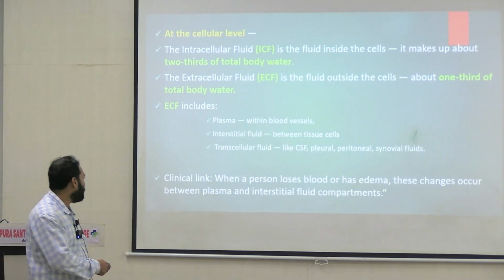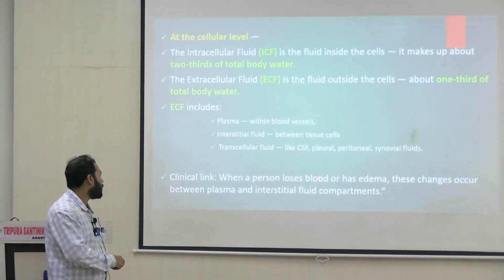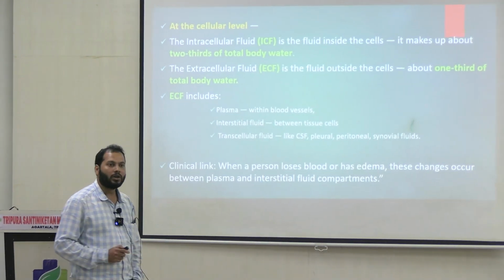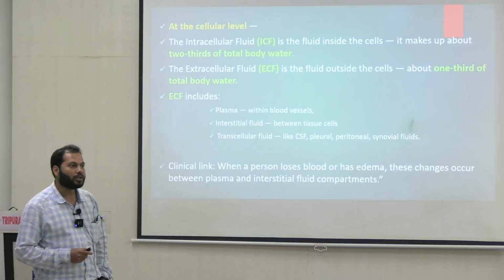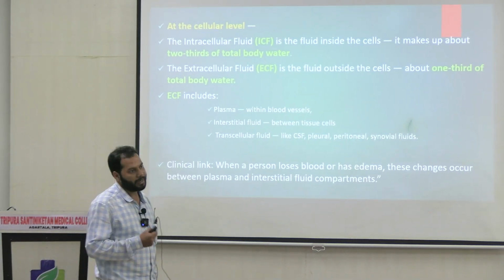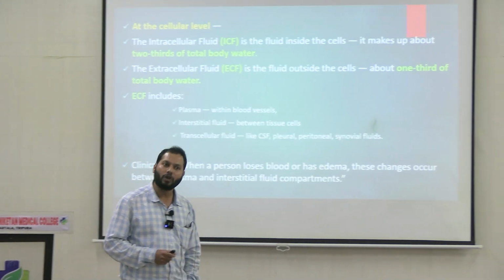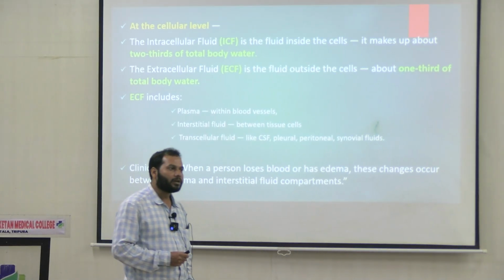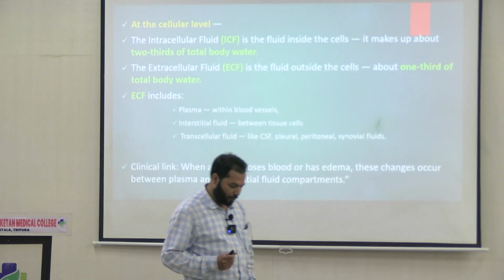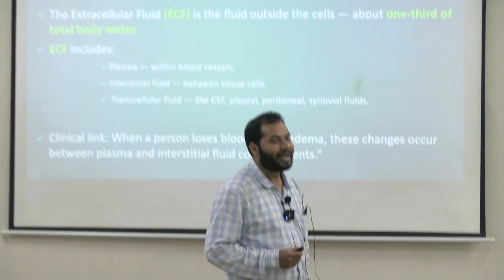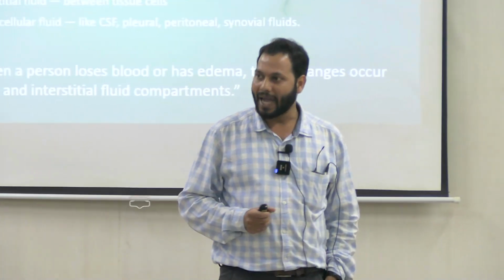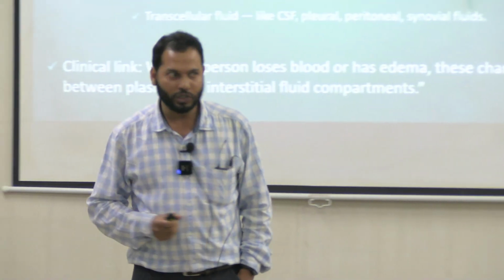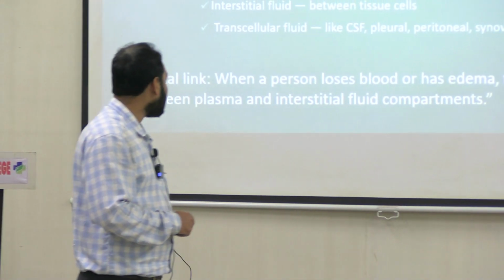So there are two important clinical conditions, the loss of blood and edema, right? Both conditions affect body fluid compositions or body fluid compartments. So we can say that the study of body fluid compartments and their measurement methods is very important from a physiological point of view.